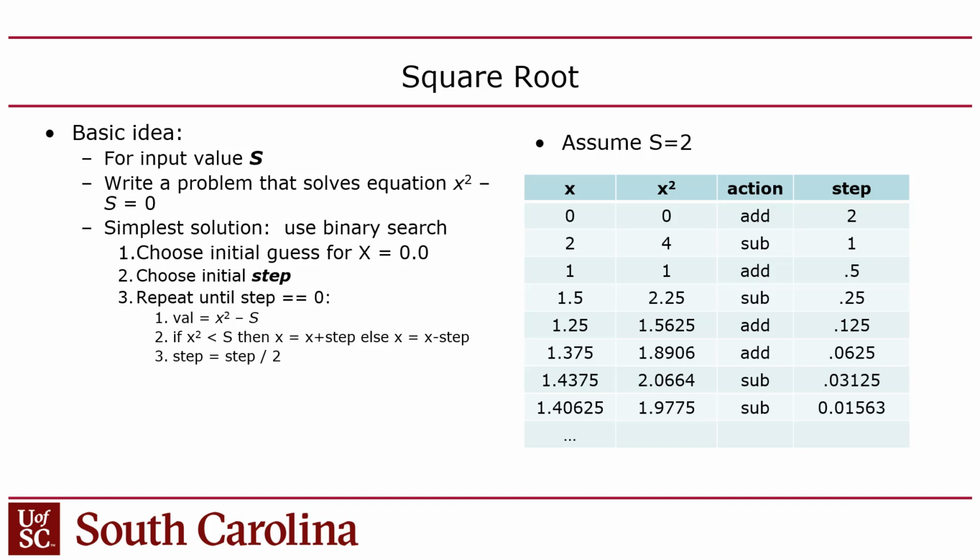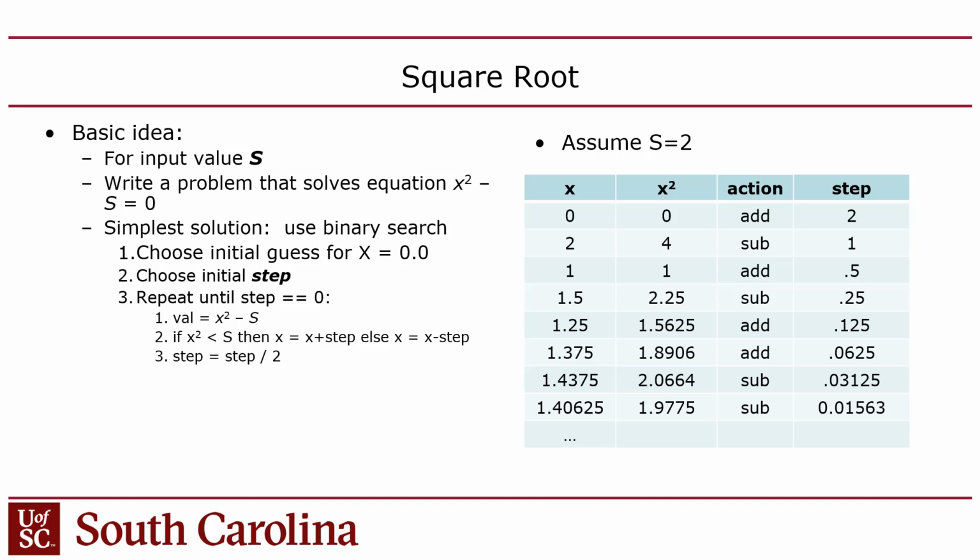But the next time I make an adjustment, the amount I adjust by will be half of 2, so it'll keep getting divided by 2. Once I add 2, now my guess is 2, and I square that and I get 4. That 4 is too high because I'm trying to get to 2, so I'll subtract this time, but now I'm subtracting only 1 because I'm whittling away at my adjustment amount. So 2 minus 1 is 1.